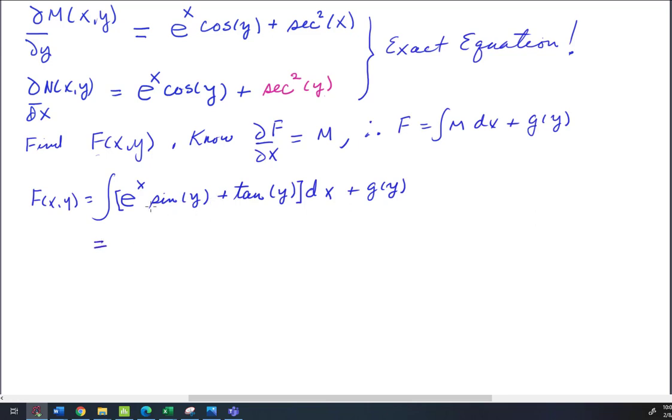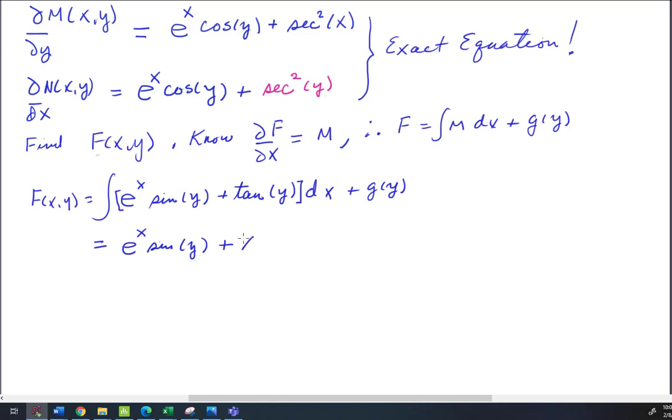So this is just a sum, so the integral of the sum is the sum of the integrals, and I'm integrating with respect to x, so this is going to be sine y times the integral of e to the x dx, which is our easiest integral, and this would be e to the x sine y. Now we've got one more here, tan y, but I'm integrating with respect to x.